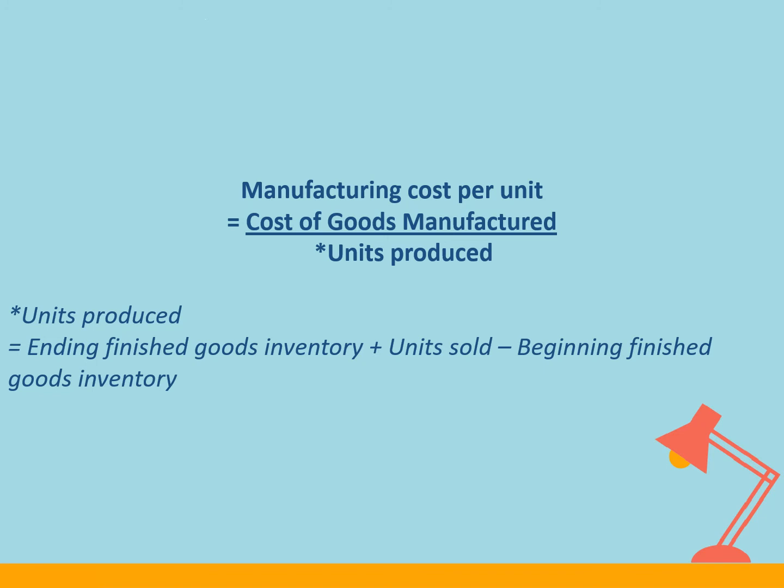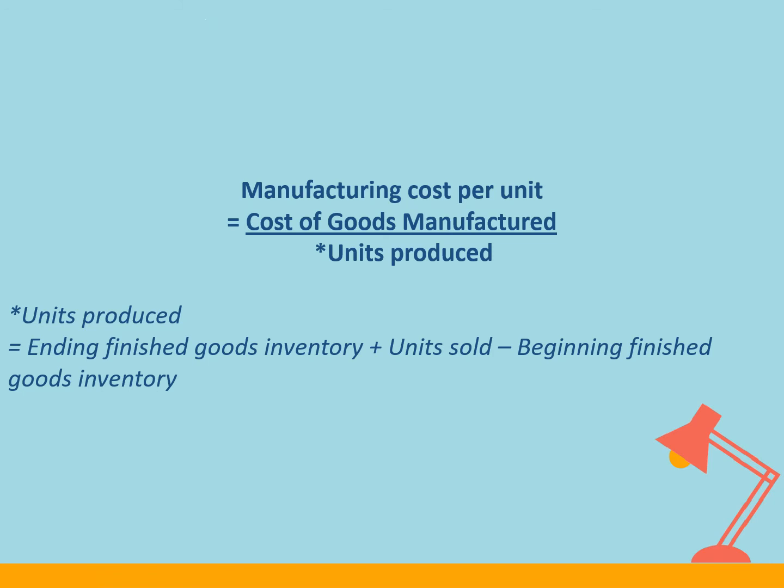Sometimes we need to calculate the manufacturing cost per unit. To do so, we will use this formula. Cost of goods manufactured, the one that we got just now, divided by the units produced.